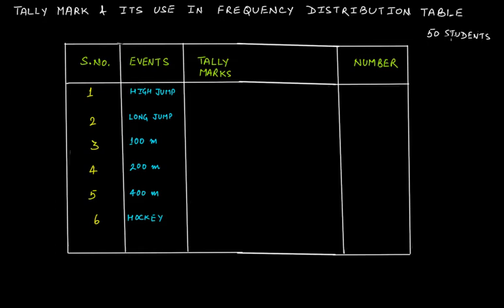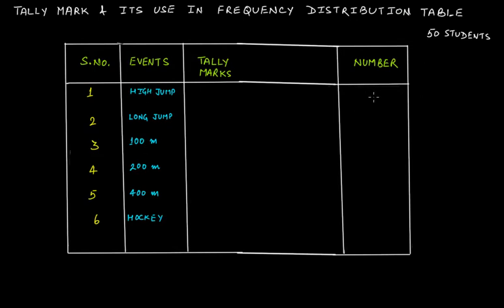Each student has to take part in one sports event, not more than one, and taking part is mandatory. Your sports teacher asks your class teacher to make a table with a serial number and a list of events, and you have to tell the number of students taking part in each event.